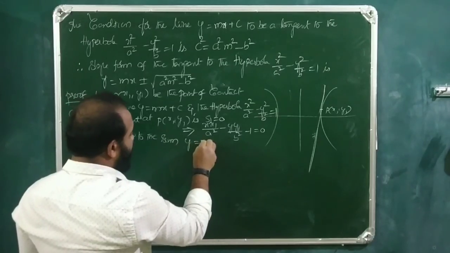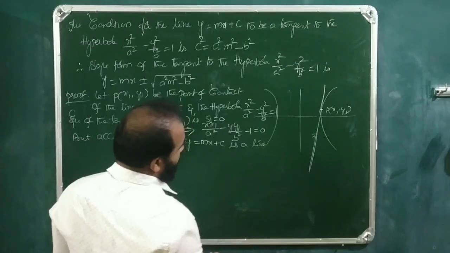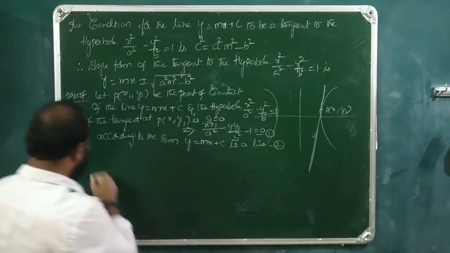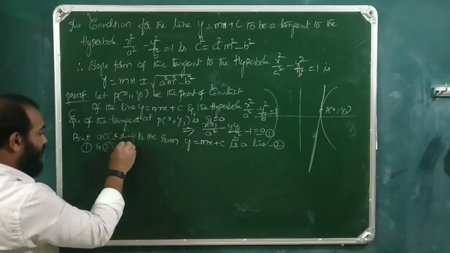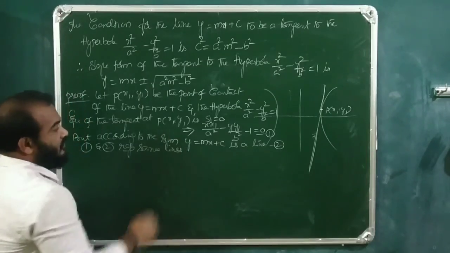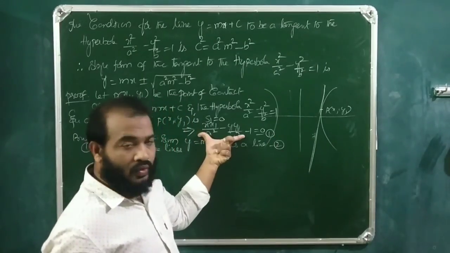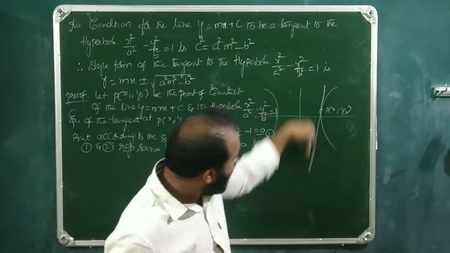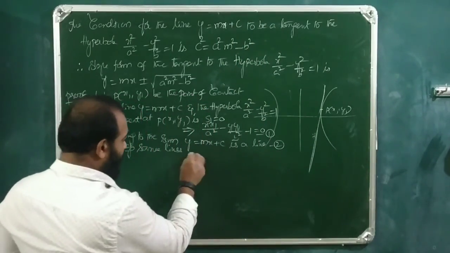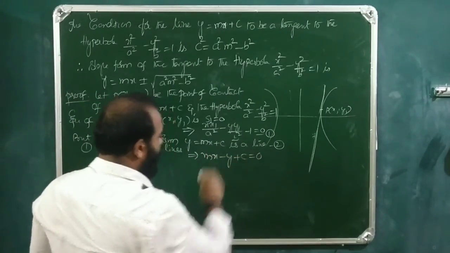So 1 and 2 represent the same lines. So this can be written as mx minus y plus c equals to 0.